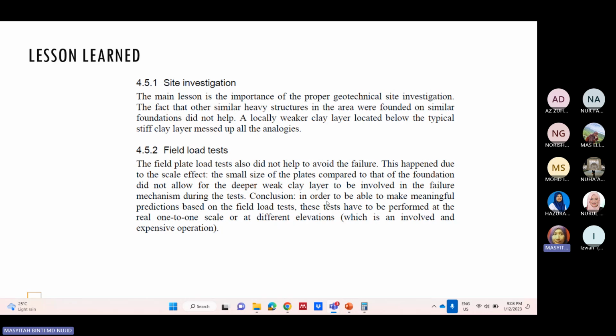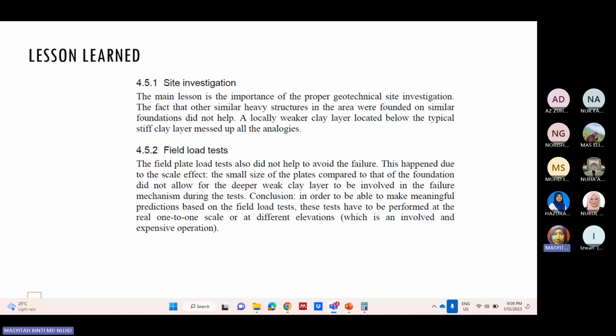So conclusions, in order to able to make meaningful predictions based on the field load test, these tests have to be performed at the real 1-to-1 scale or different elevation, which is an involved and expensive operations. So kalau siapa pernah buat plate load test, tahulah kan dia punya plate size tu berapa. So mungkin kita kena buat scaling down kan.